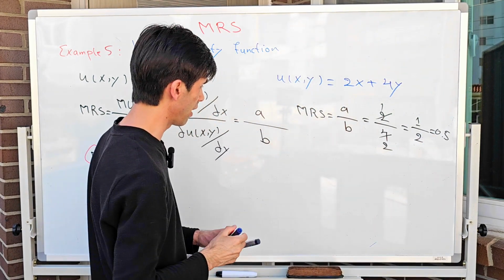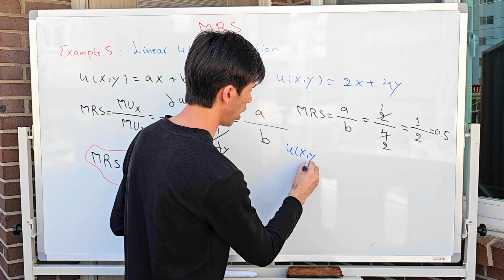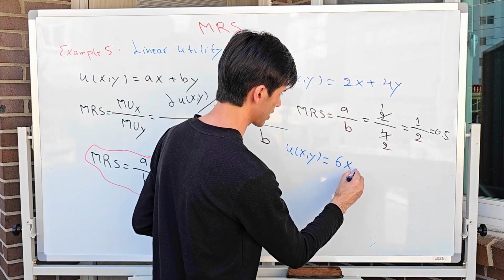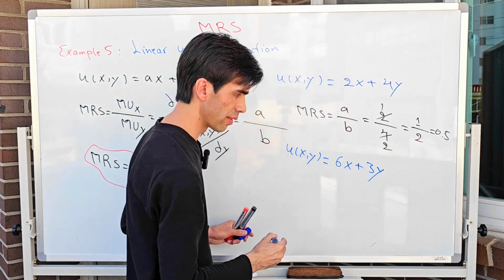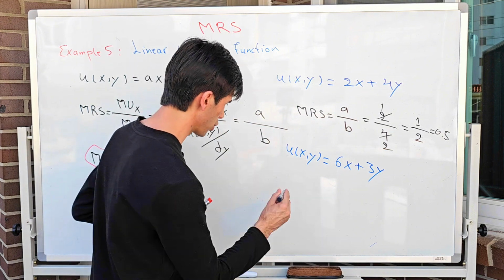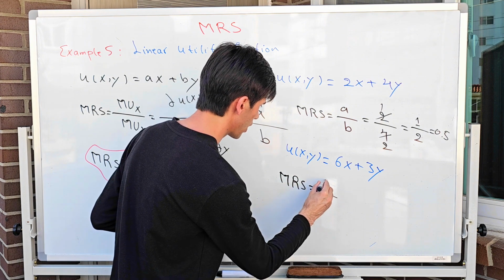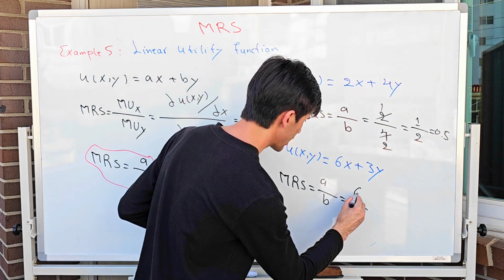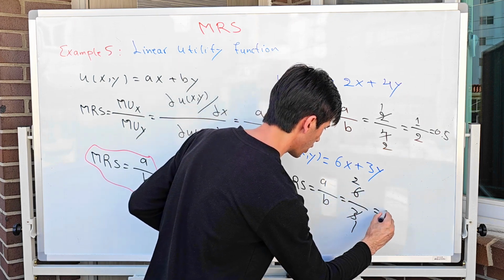And also if we have this utility function u of xy, which is equal to, for example, 6x plus 3y, then for this one the marginal rate of substitution, MRS, is again equal to a divided by b, which is 6 divided by 3, equal to 2.